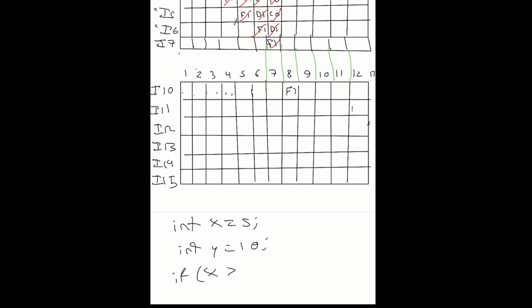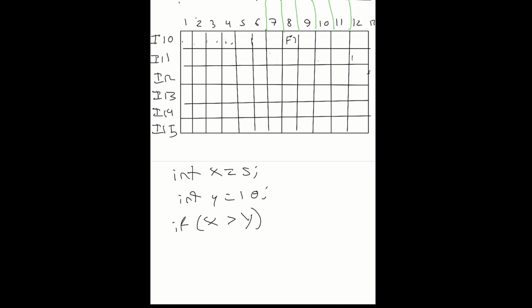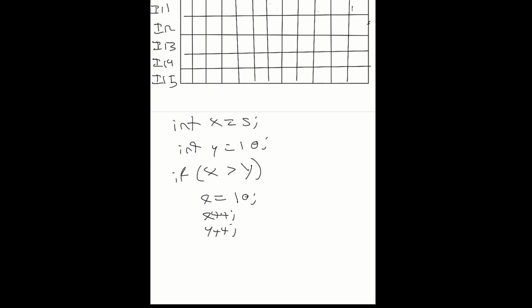If x is greater than y, then x gets 10. And then cout. Let's not do IO calls. Let's just do more computations: x plus plus, y plus plus.